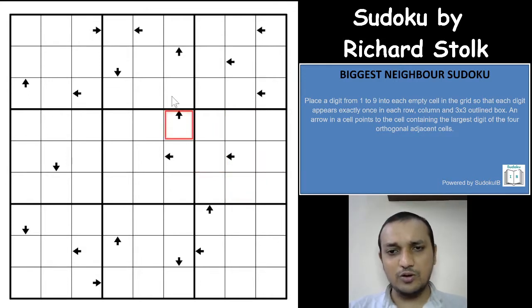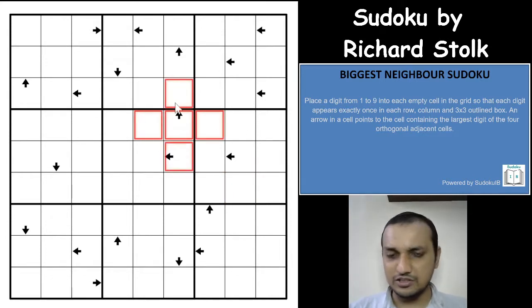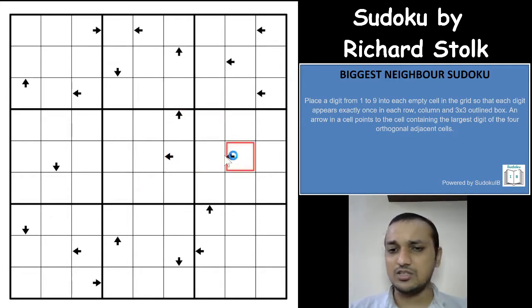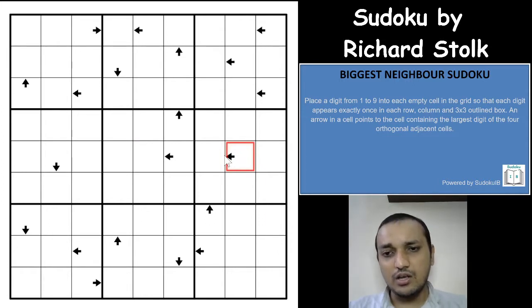So for this arrow, out of these 4 digits, this digit would have to be the highest. The cell in which the arrow is placed doesn't affect anything; it only concerns the 4 orthogonal adjacent cells. Very simple rules, so with that we'll start solving this Sudoku.